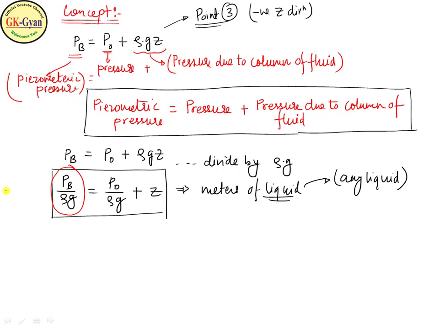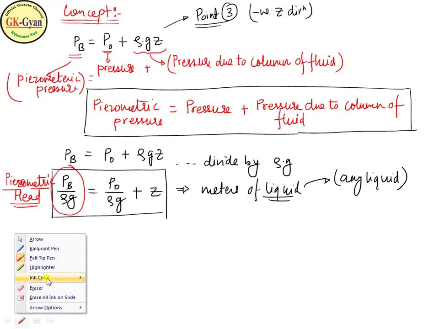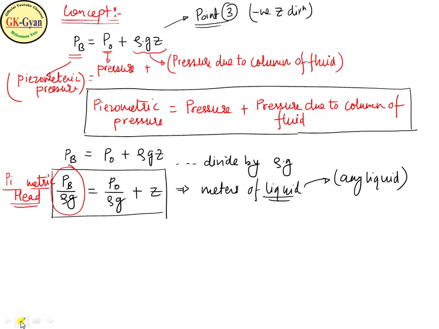Okay. And PB by rho G is called piezometric head.